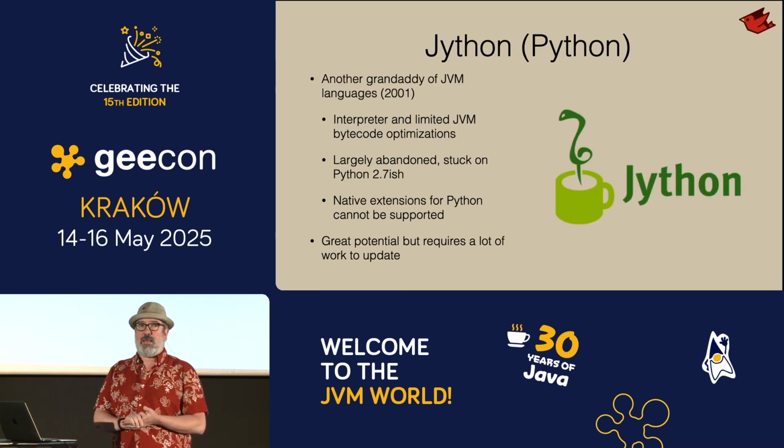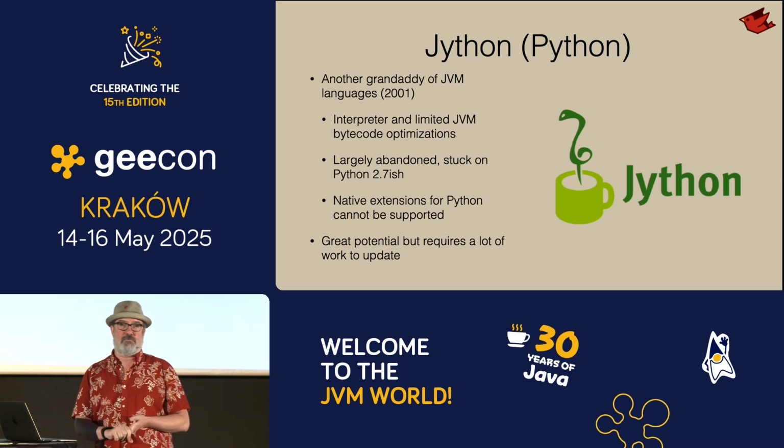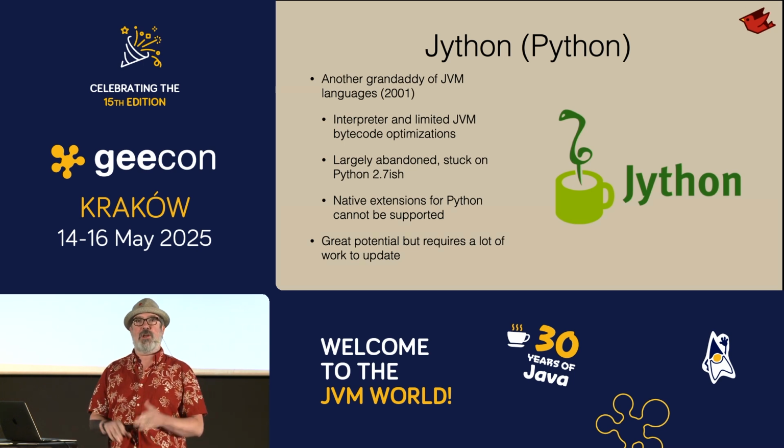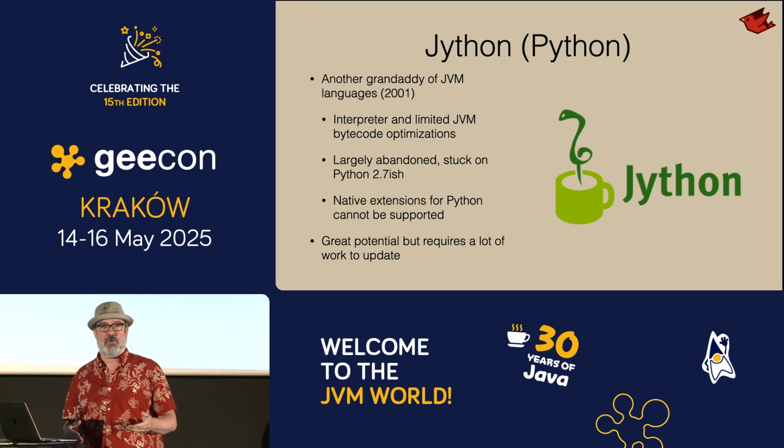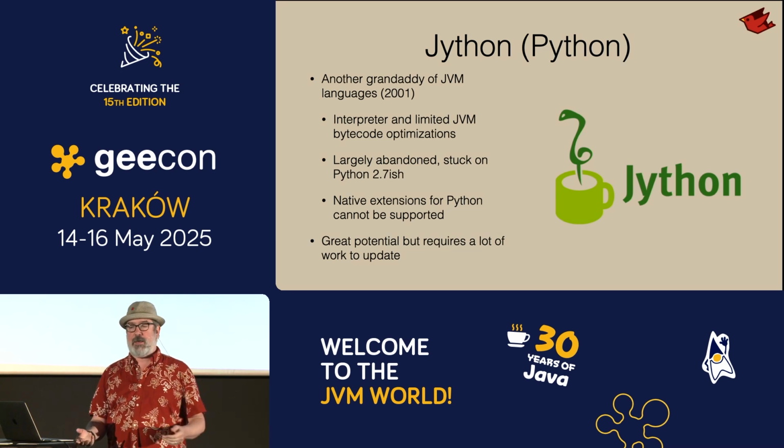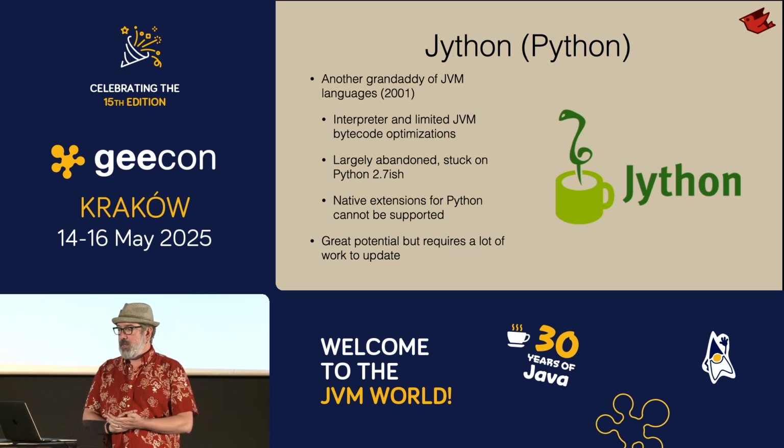Then, of course, there's Python. Python now being, according to many sources, the number one programming language out there. And yet, the only implementation of Python we have running on the JVM has been largely abandoned years ago and is still stuck way back on Python 2.7. There's also difficulty supporting the Python ecosystem.